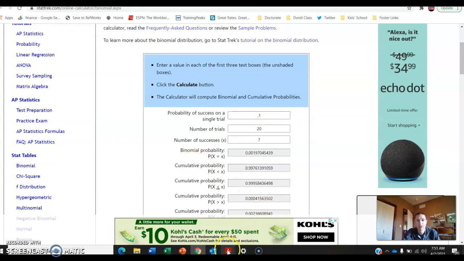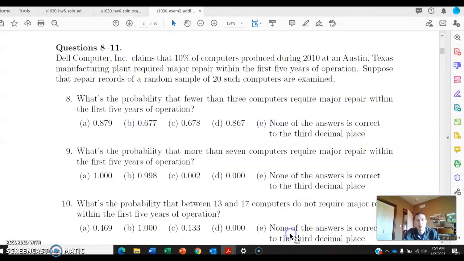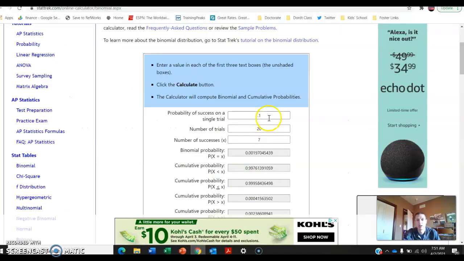If we look at the problem on the sample guide, we have 10% of computers, sample size of 20. What is the probability that fewer than 3 computers need a major repair? So I go to the calculator here and type in the probability. The probability of success is 10%, so I enter that in decimal as 0.1.